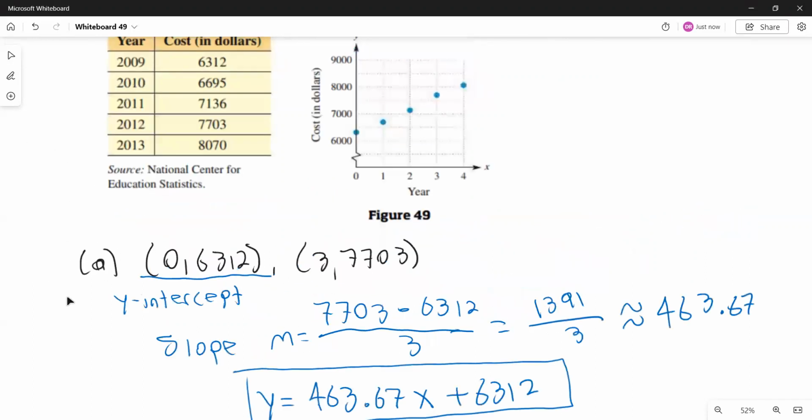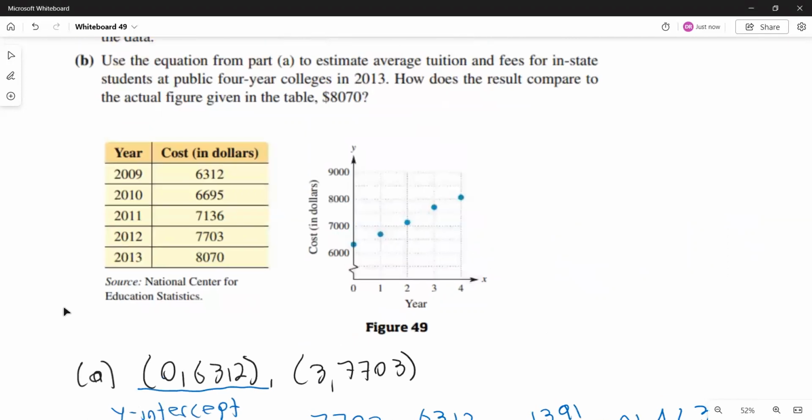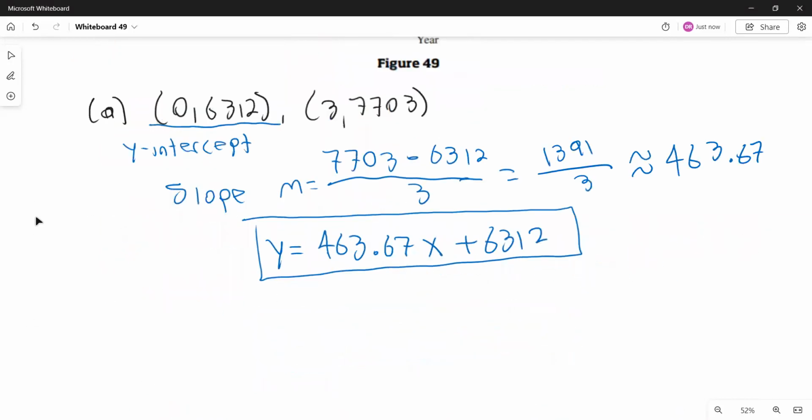Part 2, or Part B: use the equation from Part A to estimate average tuition and fees for in-state students at public 4-year colleges in 2013. And how does the result compare to the actual figure given in the table, 8070? So 2013 corresponds to x equals 4, since 2013 is 4 years later.